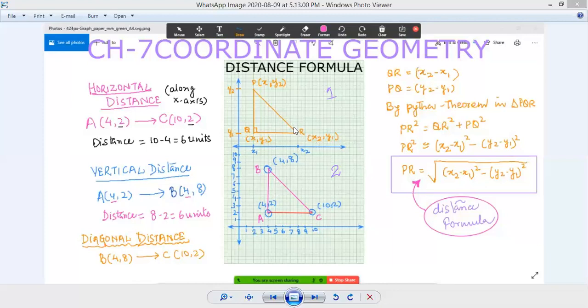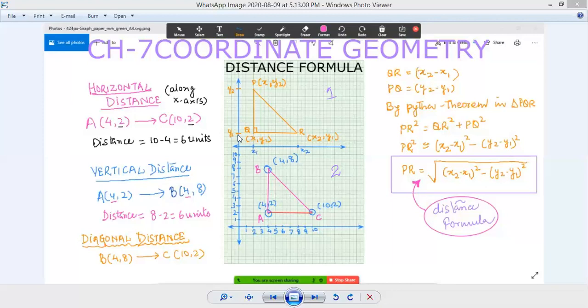Now the same formula, since we want to find out the formula, that means we will not be specific in taking the coordinates. We will take general coordinates. So let us take a triangle PQR. The coordinates of Q will be x1 and y1. You all are able to get the coordinates.